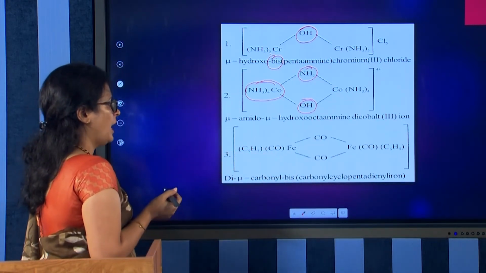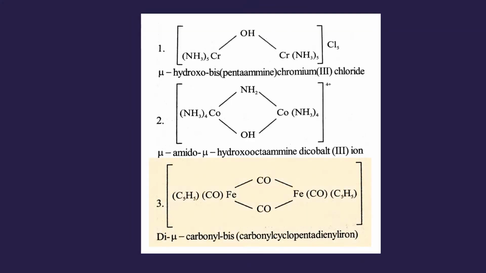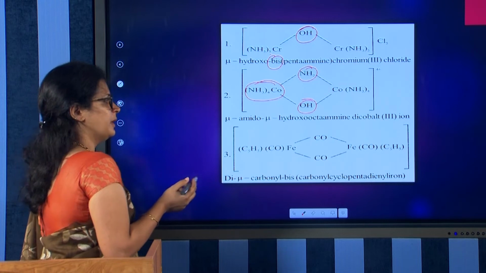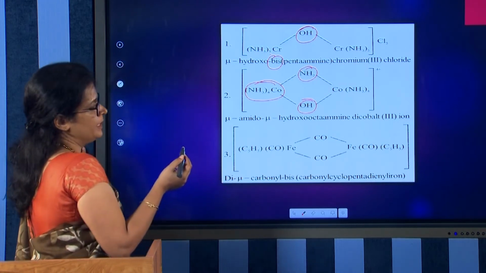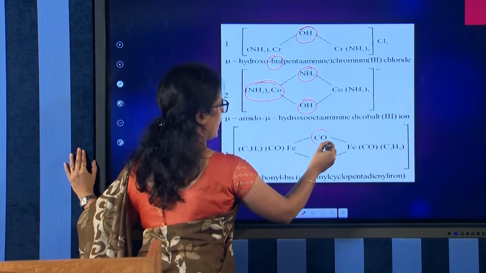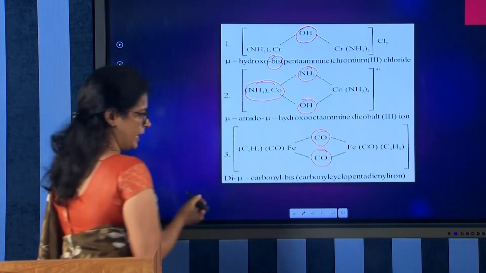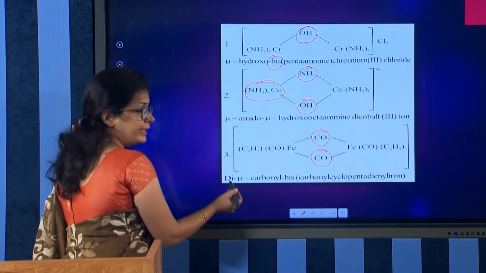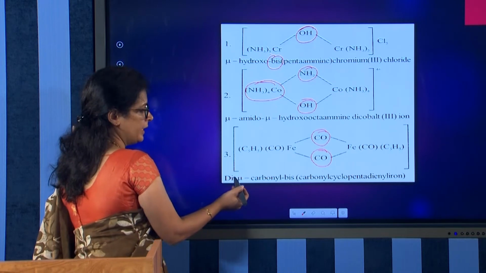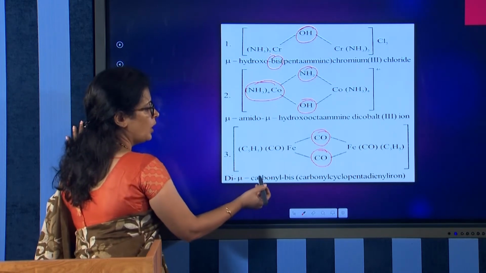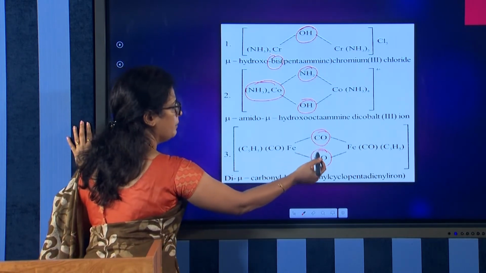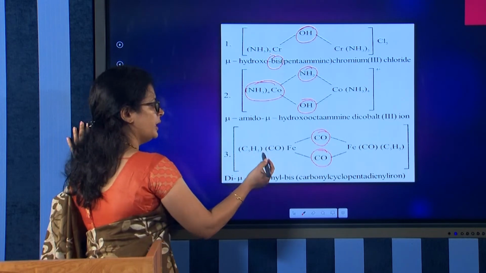Okay. And now the third example is Fe(CO)(C5H5), CO, Fe(CO)(C5H5). It can be named like this, the bridging ligand is CO, carbonyl ligand. Both are the same, that is why we are adding di. 2 carbonyl ligands are there, di-mu-carbonyl. Now here bis is added.